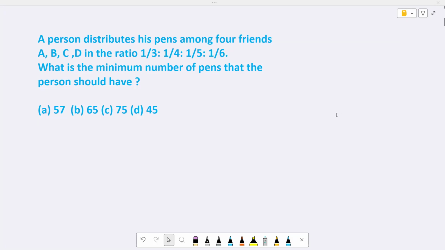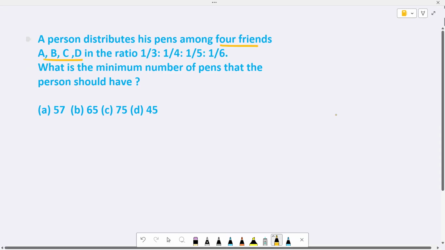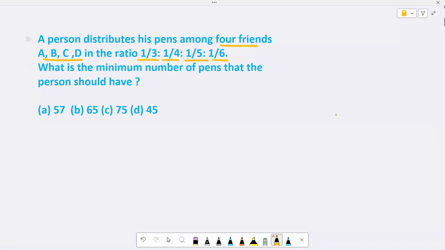Now moving on to the next question. This question is also very important in order to understand the concept and how we proceed with these particular questions. So a person distributes his pens among 4 friends, A, B, C, and D in the ratio 1 upon 3, 1 upon 4, 1 upon 5, and 1 upon 6.